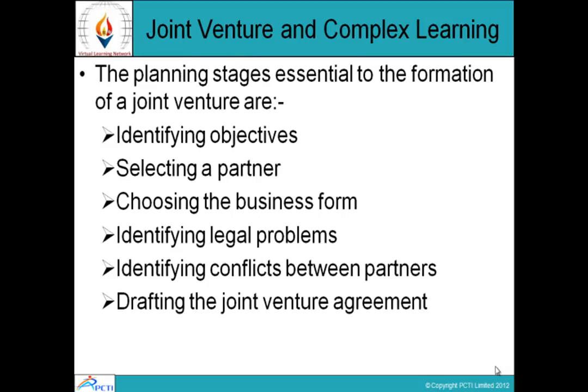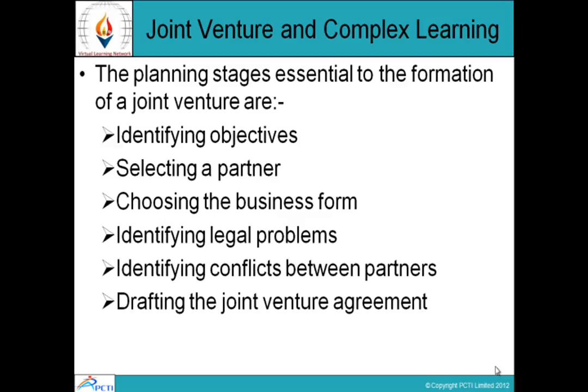The planning stages essential to the formation of a joint venture are: first, identifying objectives. There should be a need identified for which a joint venture is to be created. Then, who can be a partner, who could successfully contribute to the objectives of the joint venture. Next comes the question: what could be the business form?